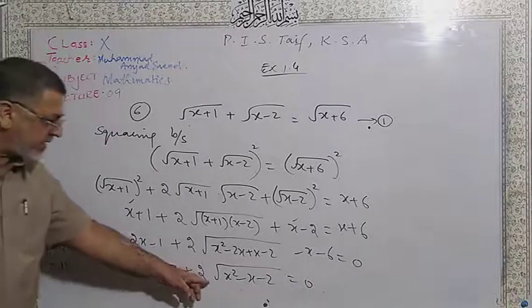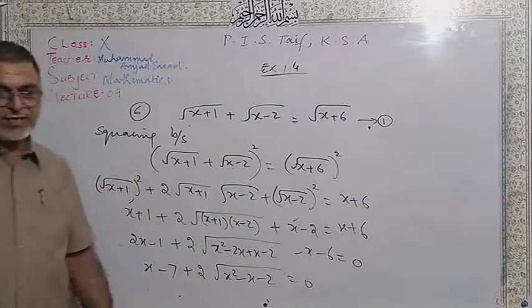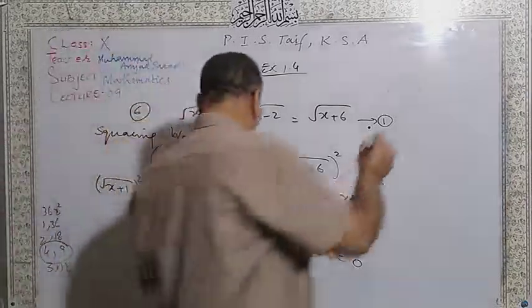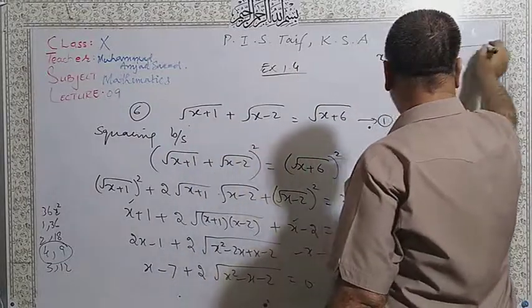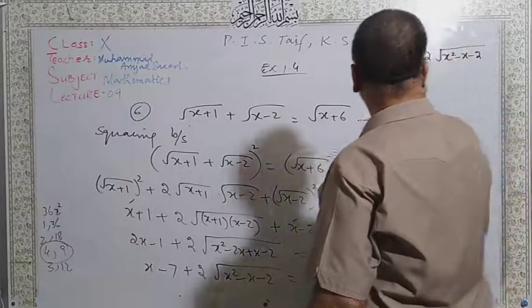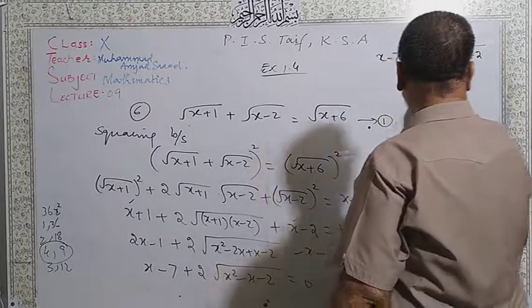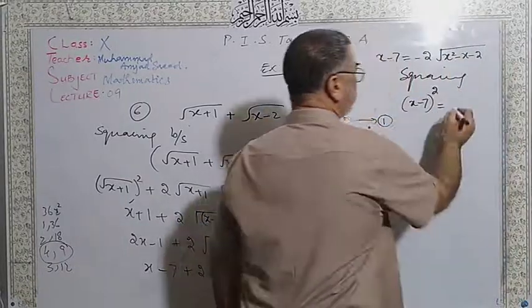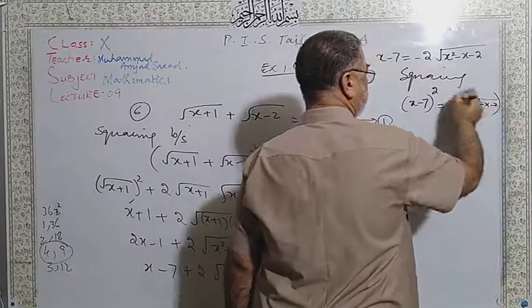Dear students, bring this term to the right hand side and square again, just like your question number 1. x minus 7 is equal to minus 2√(x² − x − 2). Squaring again, (x − 7)² equals (−2√(x² − x − 2))².